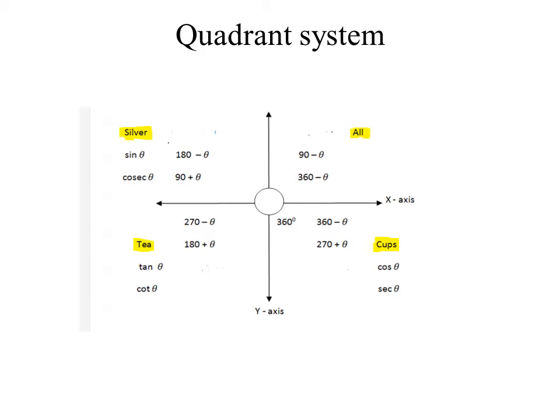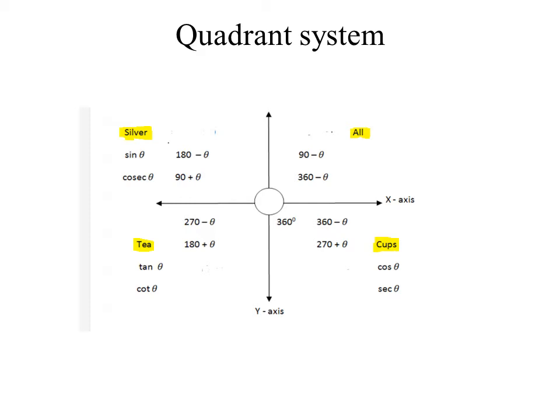Some of you have difficulty to remember the values of sine of pi minus theta, cos of pi plus theta, sine of pi by 2 minus theta, etc. Here I am discussing a trick to remember that. First, denote the first quadrant as theta, or 90 minus theta or 360 minus theta.